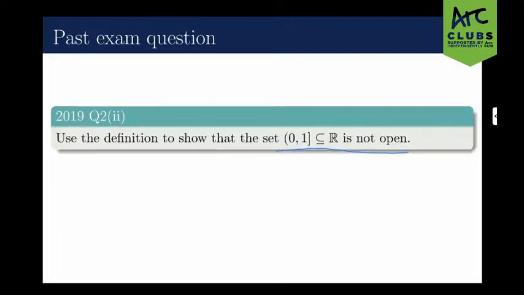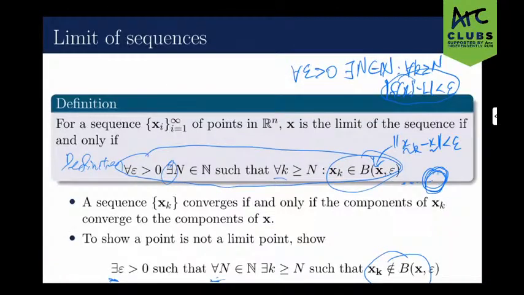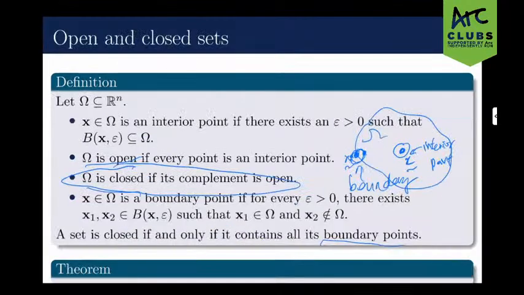For a set to be open, we say that omega is open if and only if for all x in omega, every point in omega is an interior point. And the definition, if we go back, is that a point is an interior point if there exists an epsilon such that the ball is contained within omega.